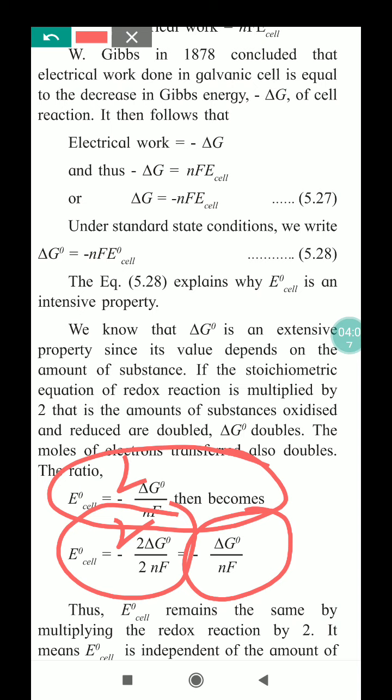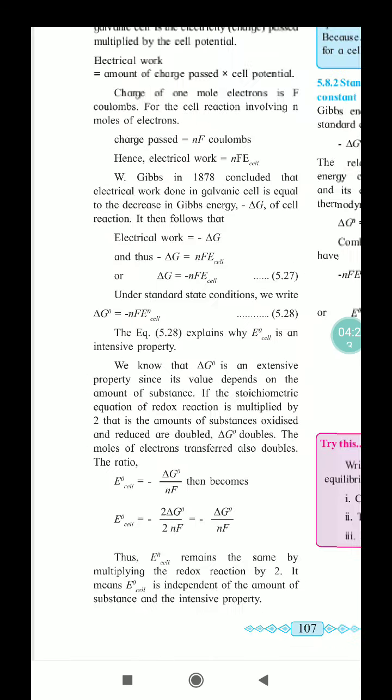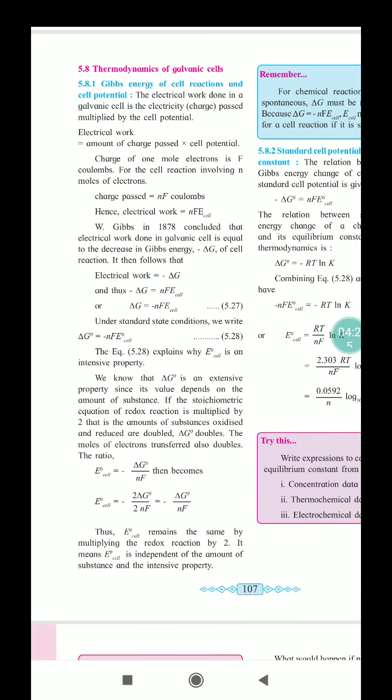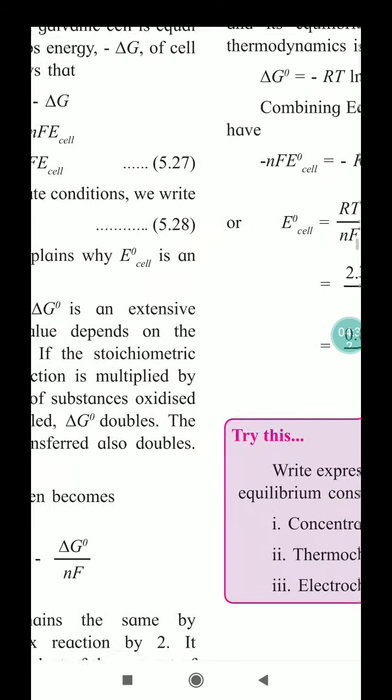It means that the standard EMF of the cell remains the same by multiplying the redox reaction by 2 or by any number. So it is independent of the amount, and that is called an intensive property. So the EMF of the cell is an intensive property, but Gibbs energy is an extensive property.